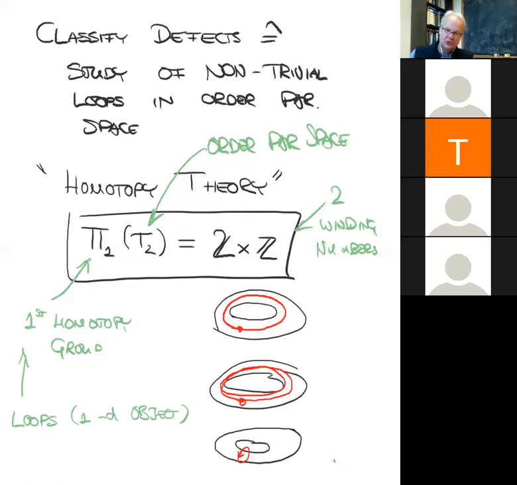If you have 2 loops that go around in the same direction, you can compose them, and then you have a loop that goes around twice. Or you can take one loop and then compose it with the loop that goes backwards, which is the equivalent of doing nothing at all. So it's a group because there's some kind of composition law, there's an inverse, and there's an identity. There's a notion of doing nothing at all.